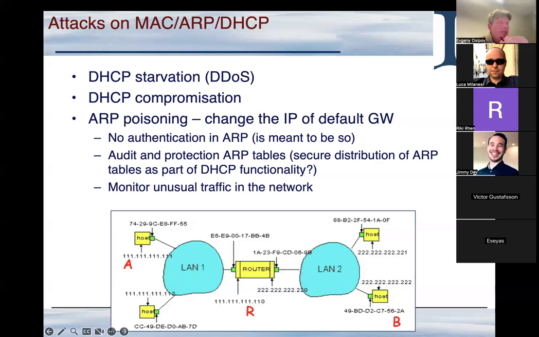And as a mitigation measure, all kinds of large-scale corporate networks do have monitors of traffic searching for unusual patterns and trying to figure out that there is an attack of this kind.